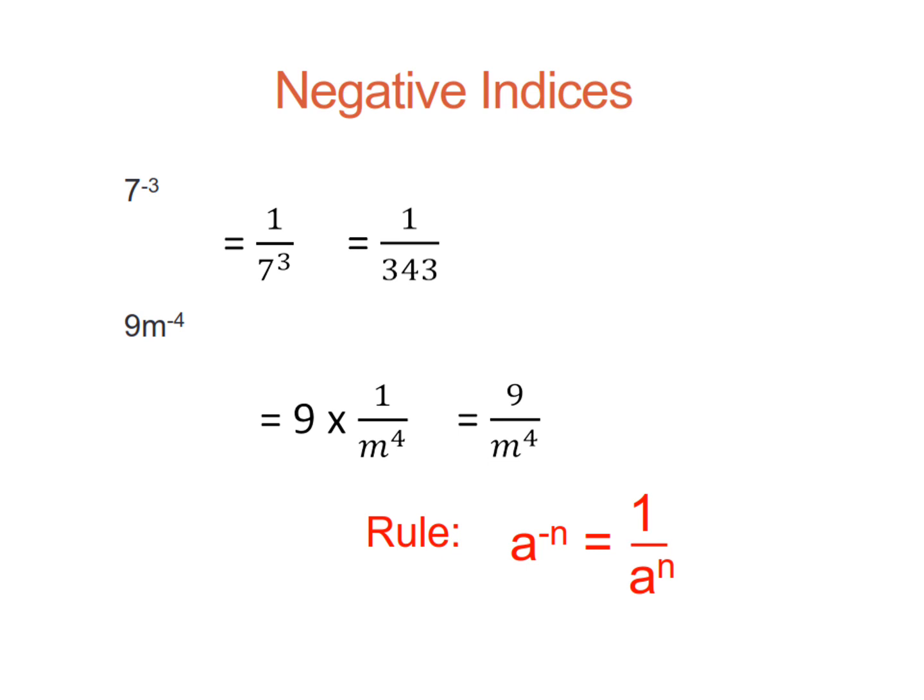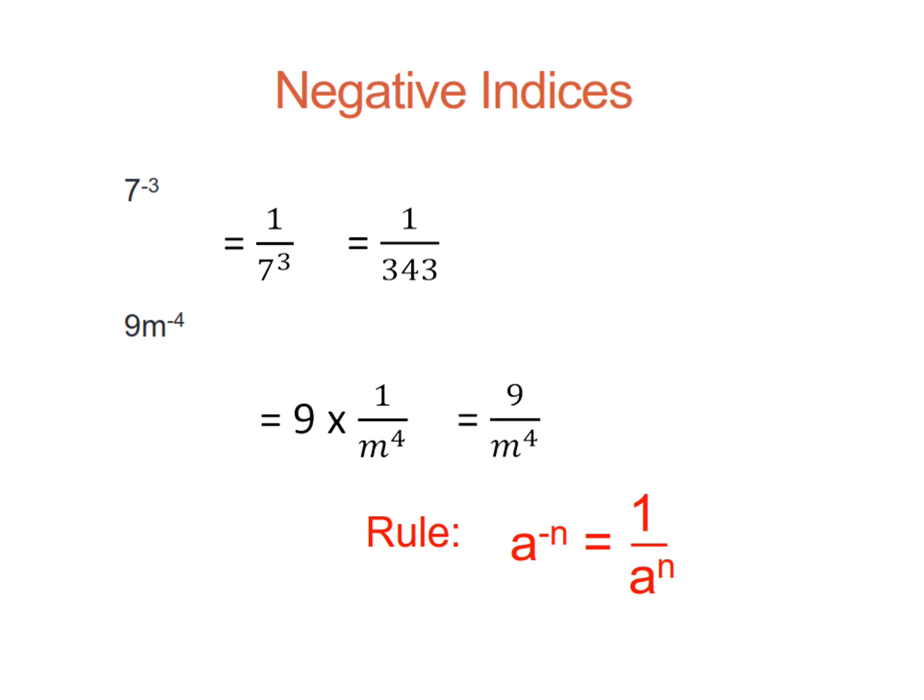Now the second example I have given to you is 9m to the power of negative 4. Here, the power of m is negative. So what can be written as a fraction? The m has to be written as a fraction.